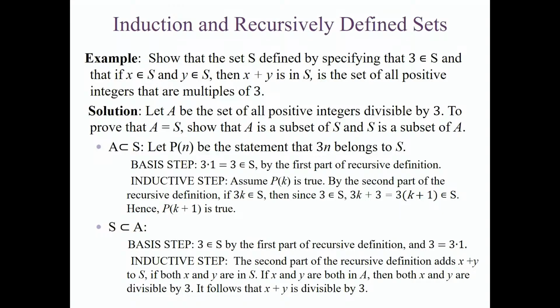The proof is very easy, because once x and y are divisible by 3, we can separate the factor 3 from x and y. Therefore, x plus y also has the common factor 3 times something. So x plus y is also divisible by 3.